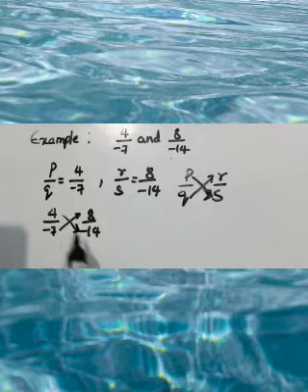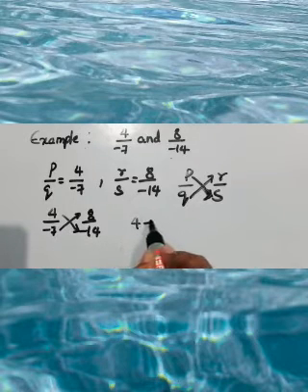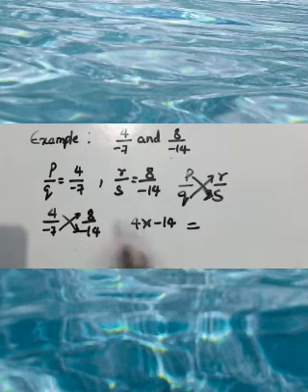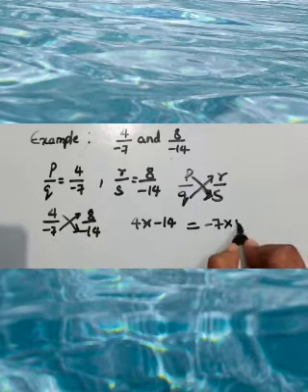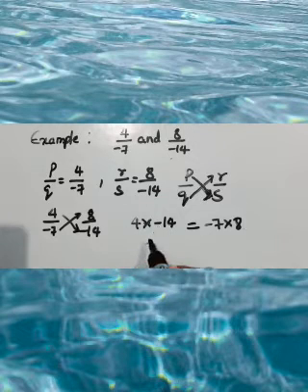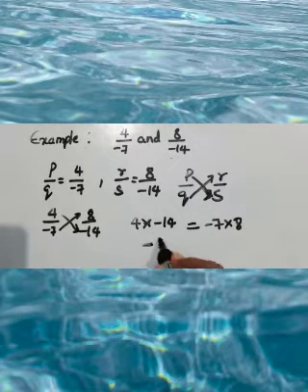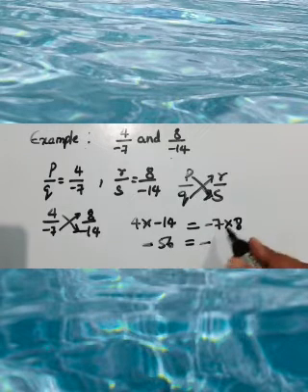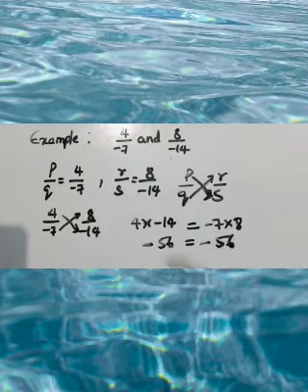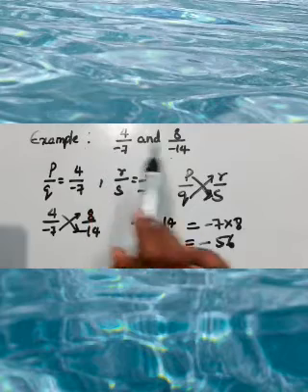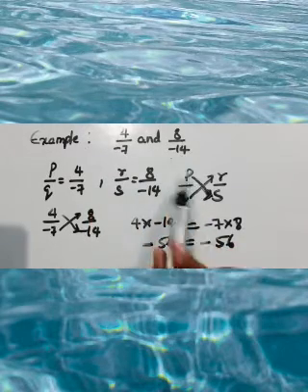So 4 into minus 14 must be equal to minus 7 into 8. Here, plus into minus is minus, 14 4s are 56. Plus into minus is minus, 7 8s are 56. So we have got the same answer. Therefore, we can say that the first rational number and second rational number are equivalent.